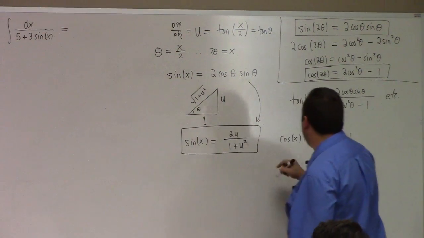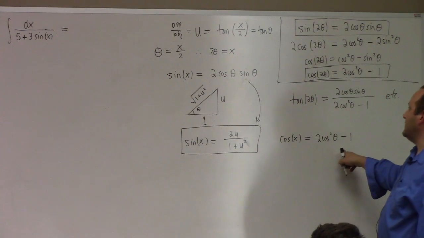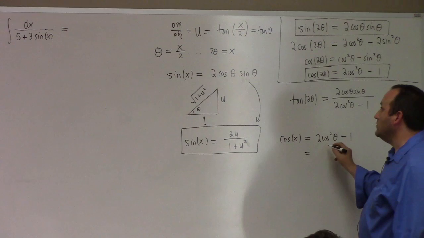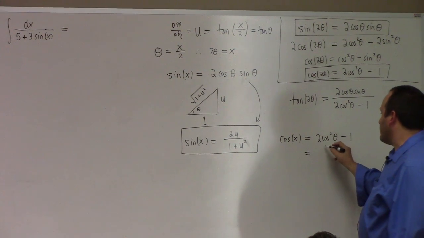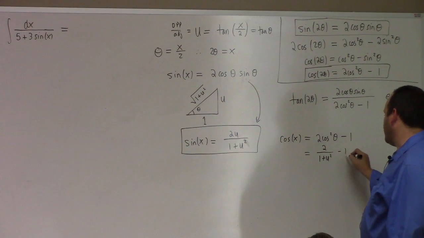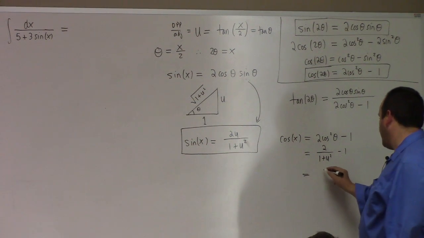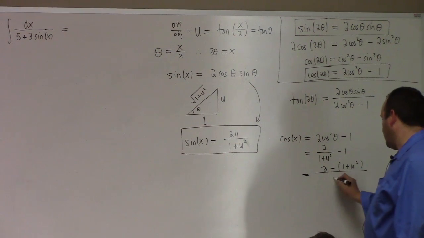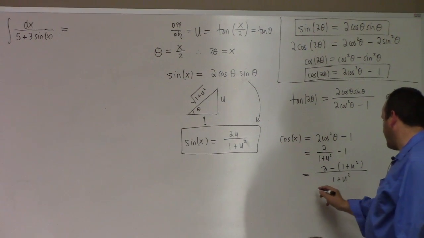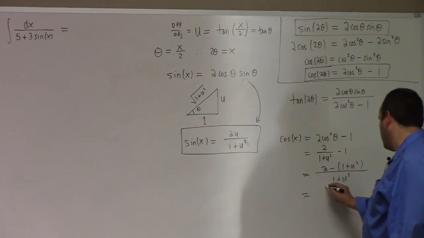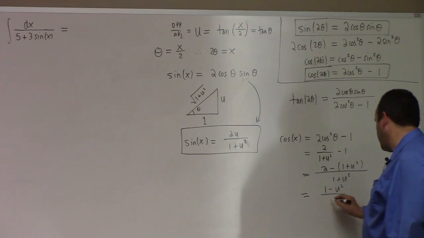Now this cosine squared theta is what? So this is really 2 over 1 plus u squared, minus 1. So make a common denominator. We get 2 minus 1 plus u squared over 1 plus u squared, which gives us 1 minus u squared over 1 plus u squared.